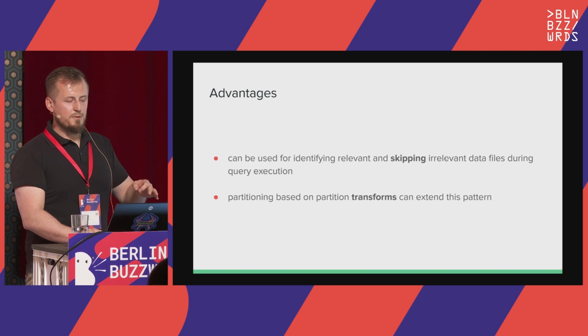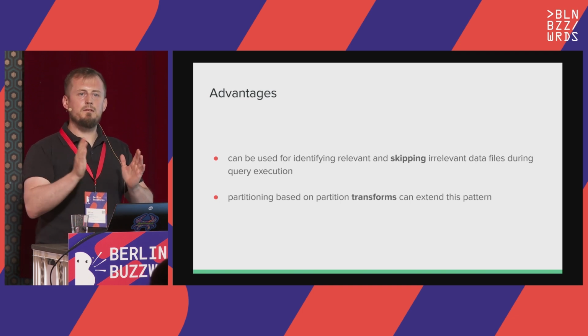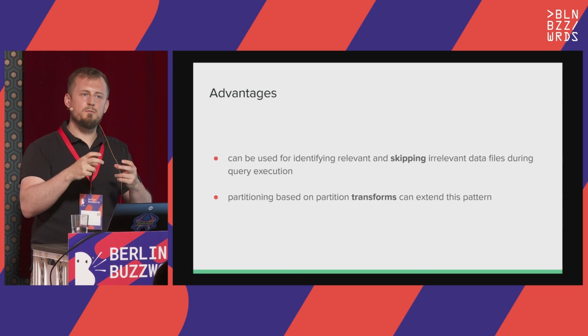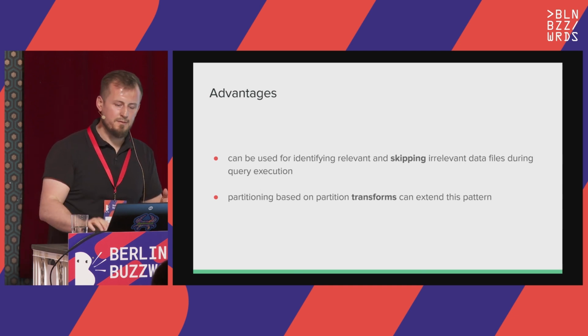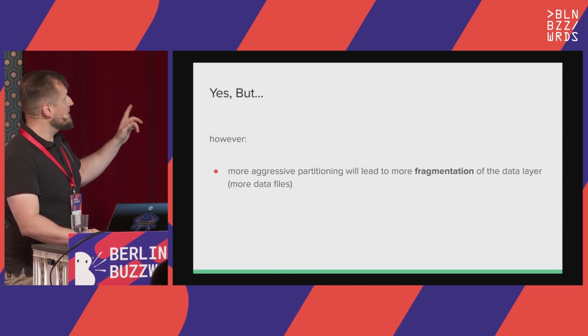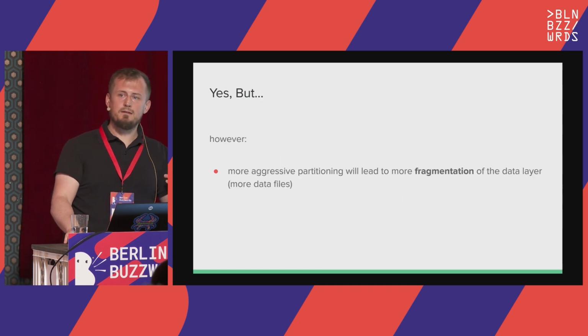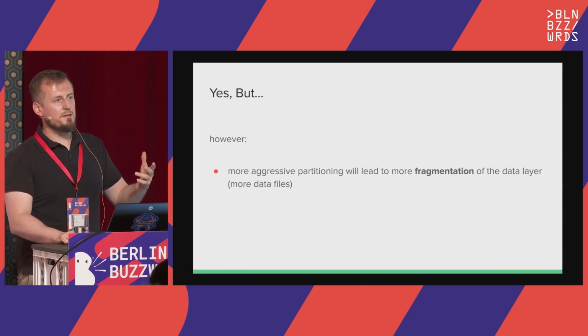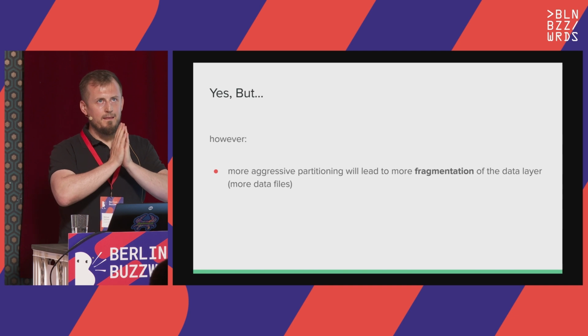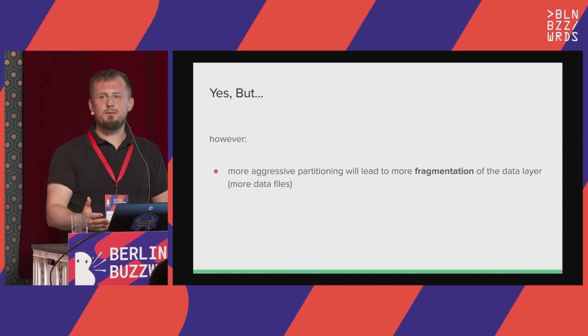And then we can extend this pattern, because we can project multiple partition values from one column, so we don't even have to generate additional columns for additional partitions. However, there is a caveat: because one data file is assigned to only a single partition, it increases the fragmentation of the data layer among data files.